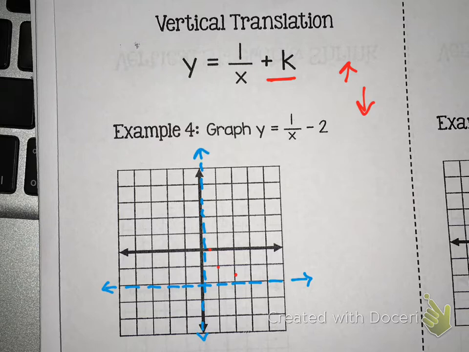So your points on this side then would be here and here and here. So when you connect your points, your graph will look like this, and it's going to come up from here and go out this way. Okay, so that's your vertical translation, and if that was a +2, it would have moved it up.